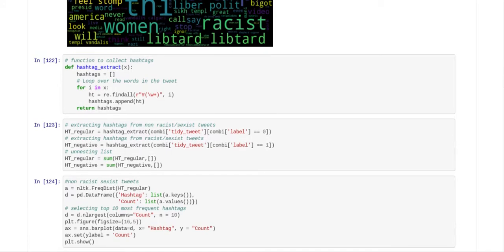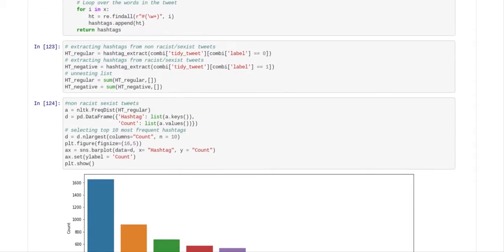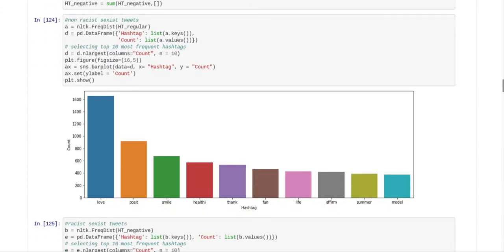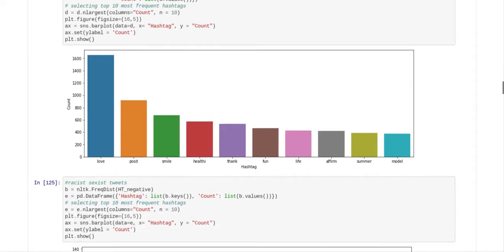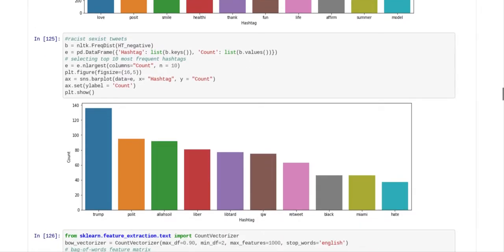So we had a function where you wanted to extract the hashtags. So you extracted the hashtags from the non-racist tweets. Now we have a diagram of non-racist and sexist tweets, and they have the words there that are in the tweets. Then we have a diagram with racist and sexist tweets.